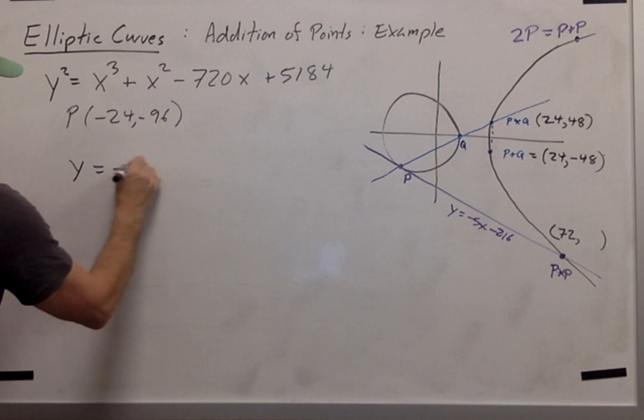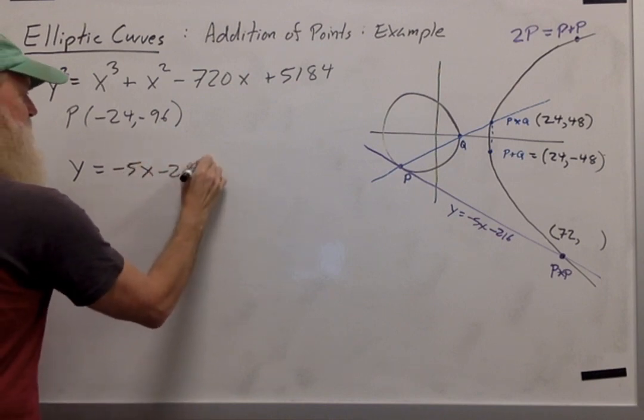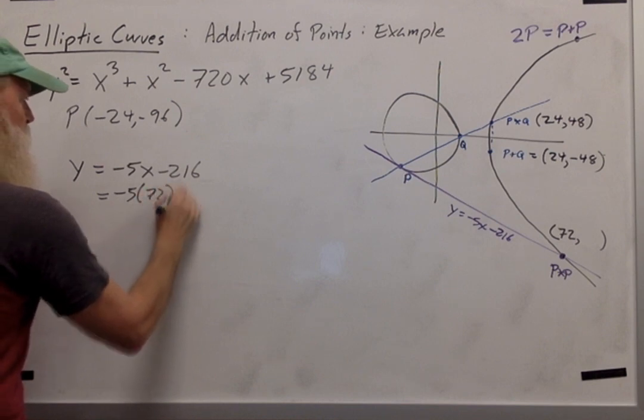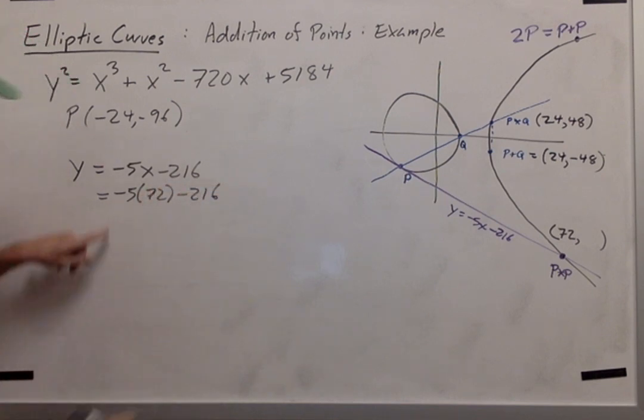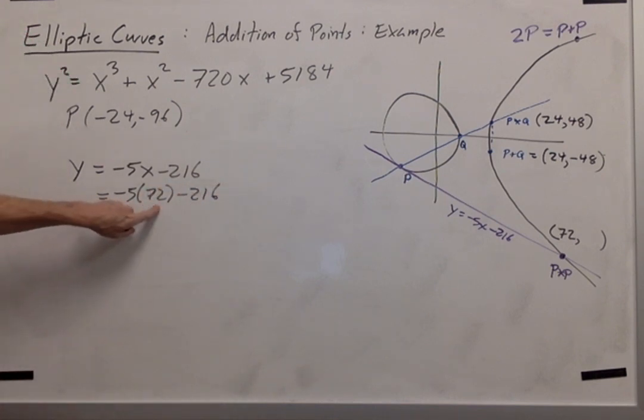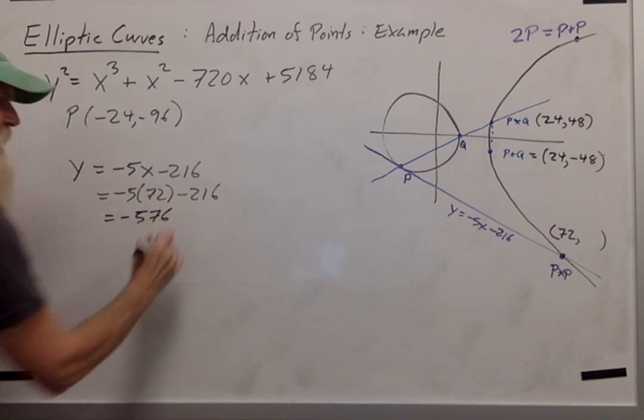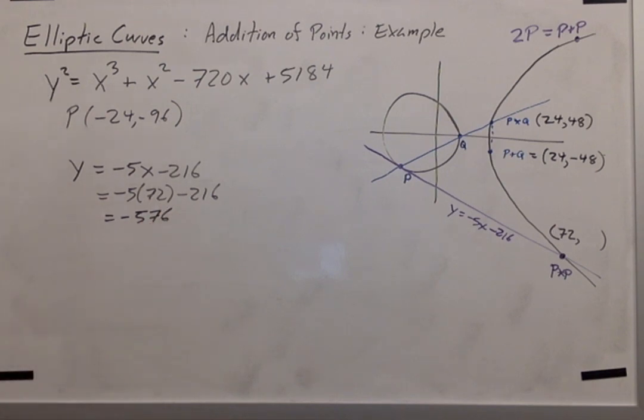So since y is negative 5x minus 216, if I substitute in 72 for x, I have that the y-coordinate will be negative 5 times 72 minus 216, which is negative 576.